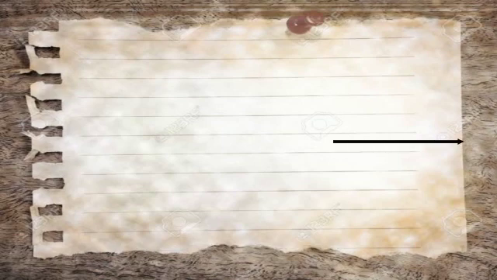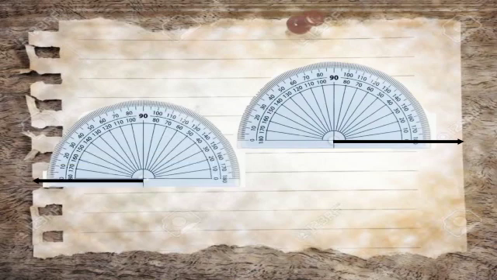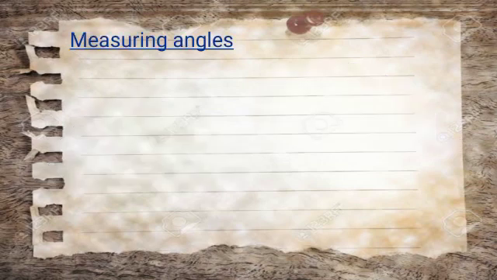So when the ray is on the right hand side, you have to place the center of the protractor on that vertex, and you are going to start measuring from the right side. But if the position of the ray is on the left side, the same method you have to follow. You have to place the center of the protractor on the vertex, and you are going to start from the left hand side.